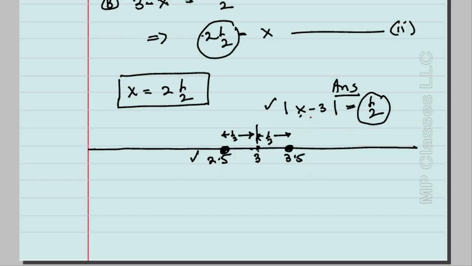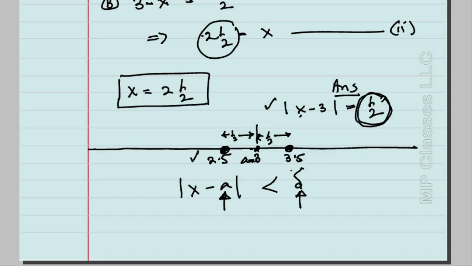Generally, whenever the expression is x minus a absolute value less than delta, then this is what we are considering as the given value, and this is the neighborhood. That means 3 is a, and we are looking at delta neighborhood, meaning half neighborhood of a, that is 3, on either side, left hand side or right hand side.